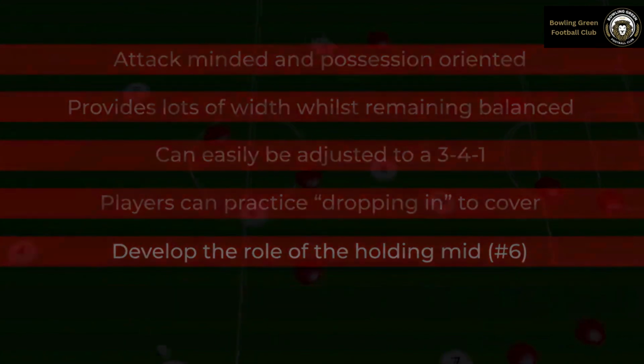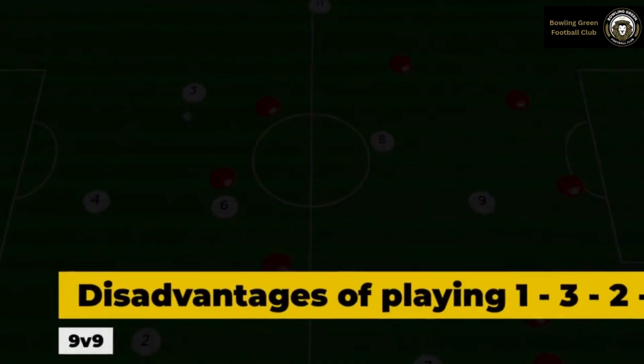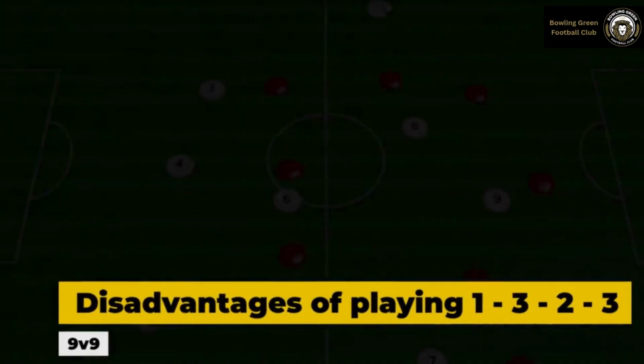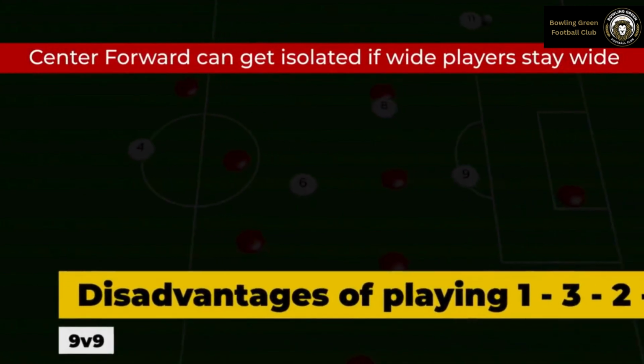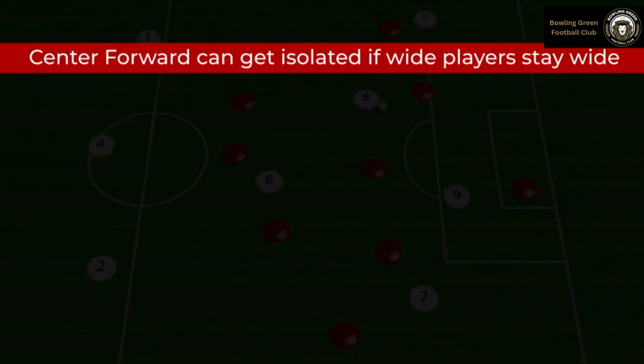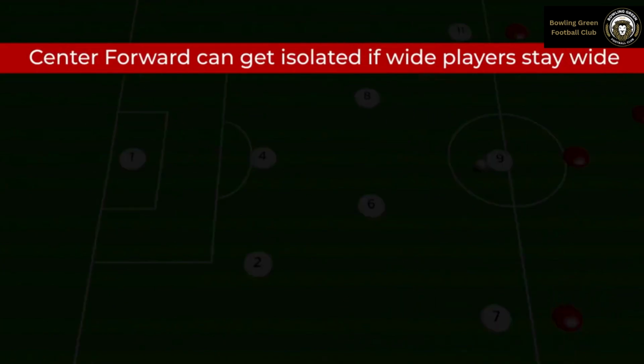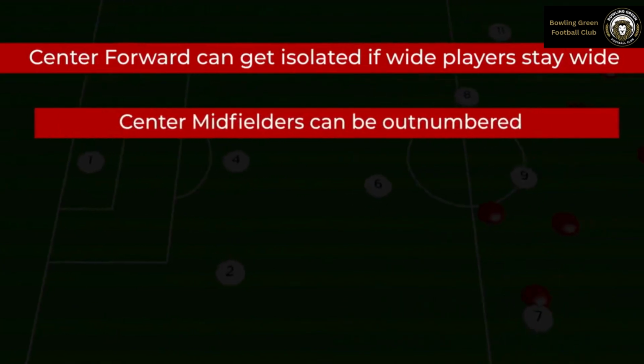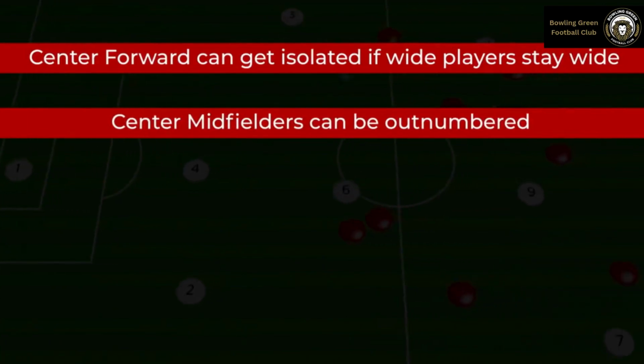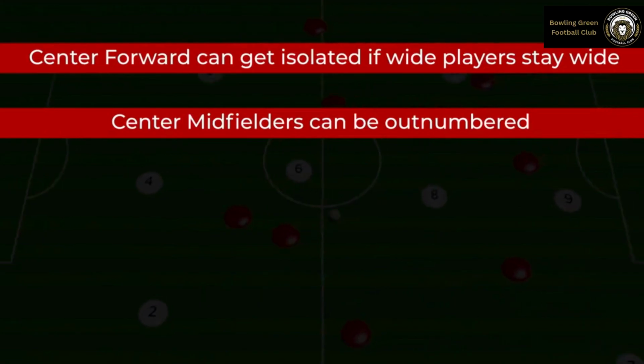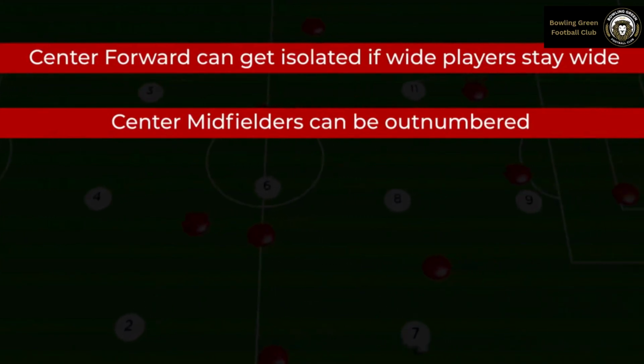With every formation, there are also disadvantages, and this particular case is no different. With a 1-3-2-3, our wingers can get drawn too wide and therefore isolate the forward. Central midfielders can get outnumbered if the 4 players are not working hard to apply pressure to the opposing team. The formation also makes us vulnerable in wide areas.